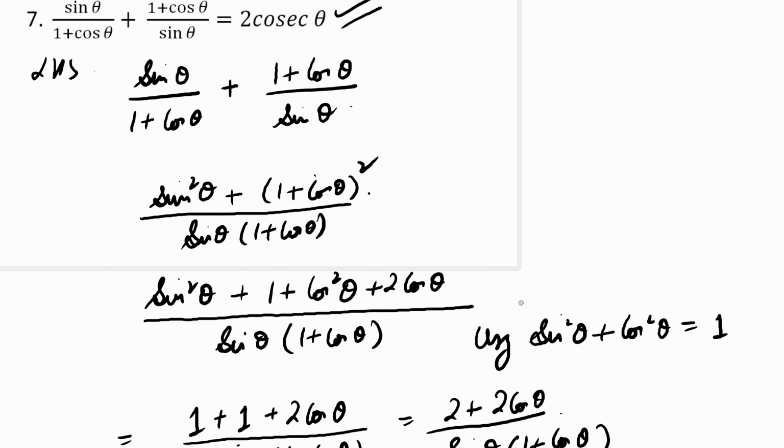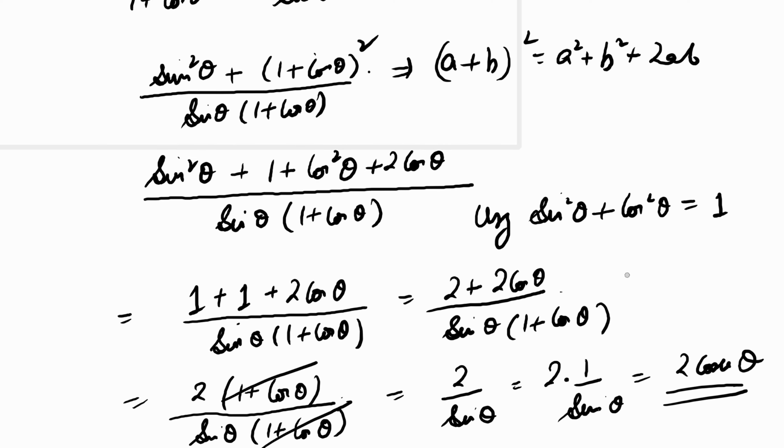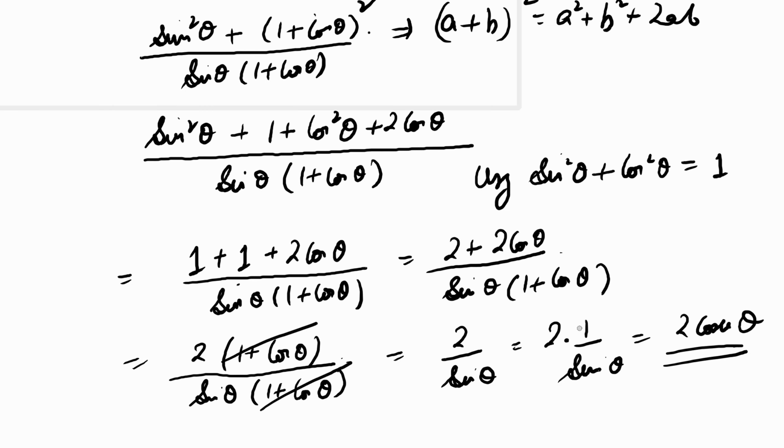We have used (a plus b) whole square is equal to a square plus b square plus 2ab, and then we used sin square theta plus cos square theta is equal to 1, and then we used 1 upon sin theta is equal to cosec theta. Okay.